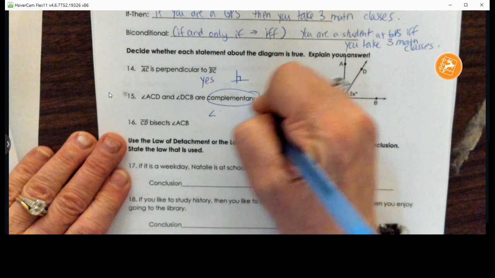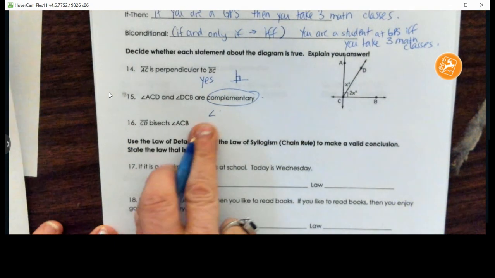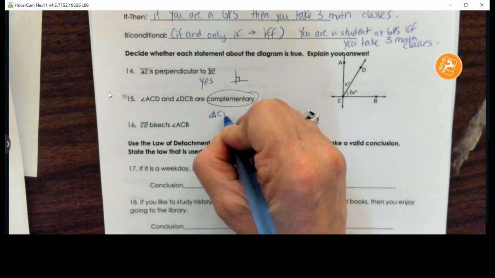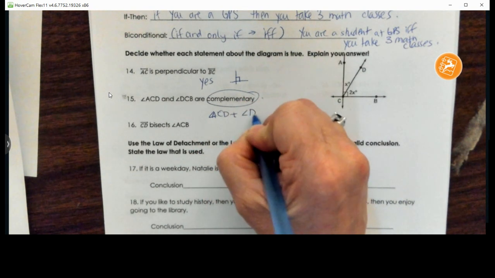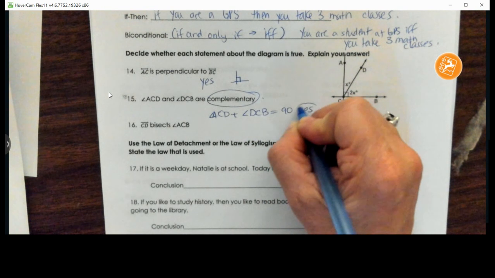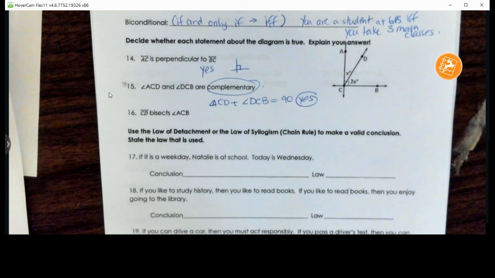And that's the definition of perpendicular or complementary. So angle ACD plus angle DCB is equal to 90. So I'm going to say yes. When you add them up, they equal 90.